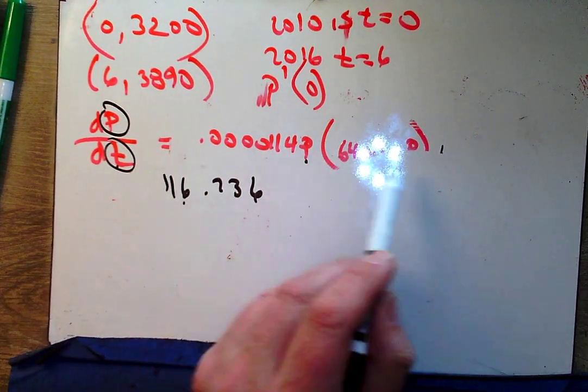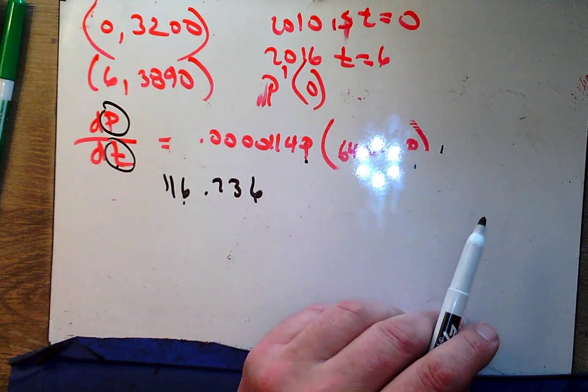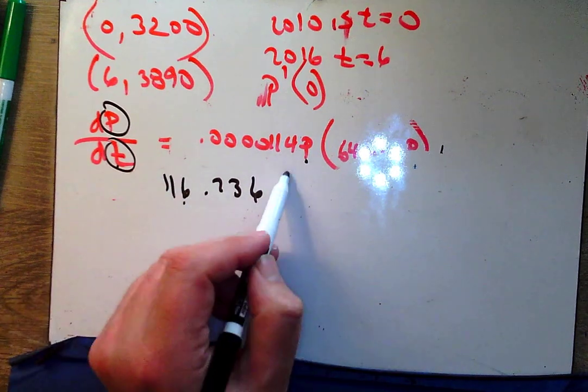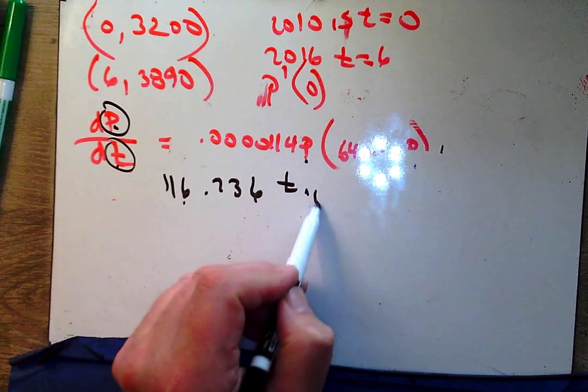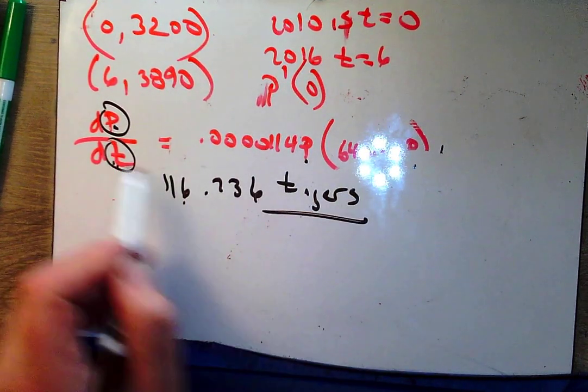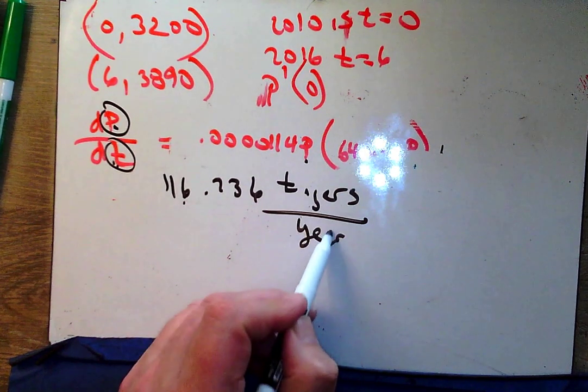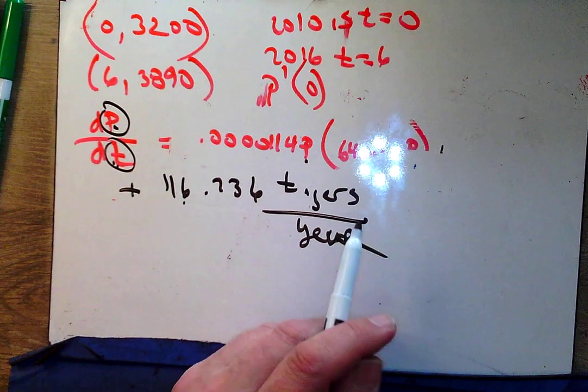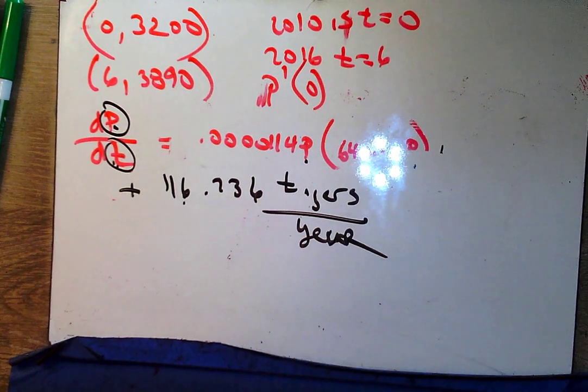But this is P times P for P squared, so no. Okay, so this is change in population, tigers, over change in time, year. All right, population is going up by 116.736. That's the rate at this time.